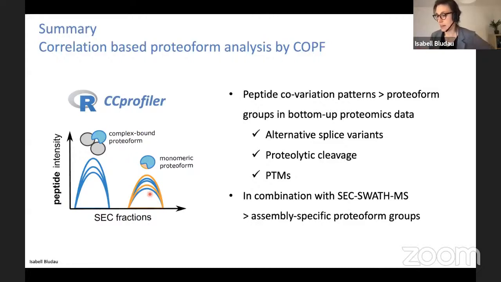For the data analysis, for the CoPF analysis, I use combined information from multiple replicates. I do an aggregation step before I call the proteoforms.